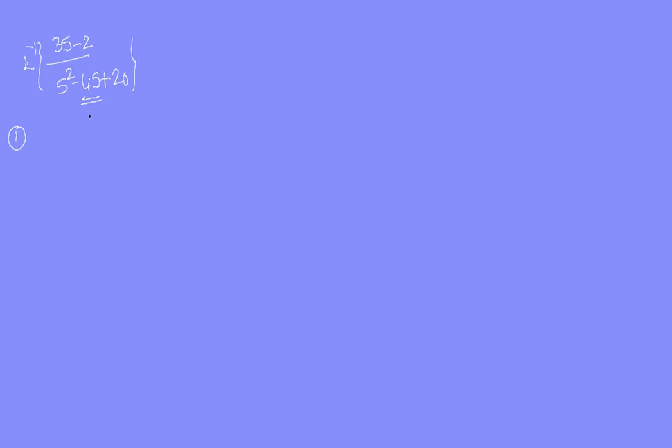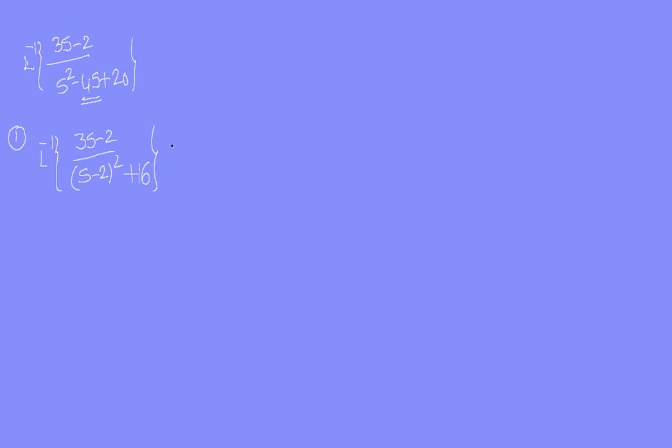The coefficient is 2, that means you can write it as L inverse of 3s minus 2 by (s minus 2) whole square plus something. Considering s square plus 4 minus 4s, how much do you have to add? 16 you have to add.